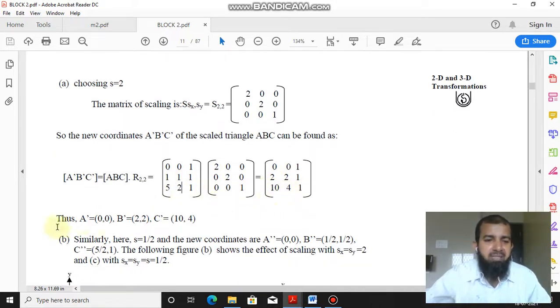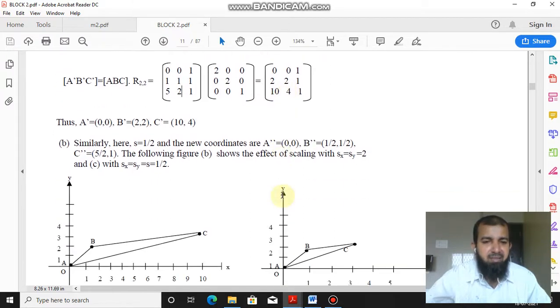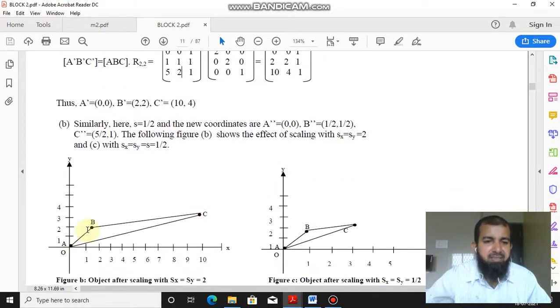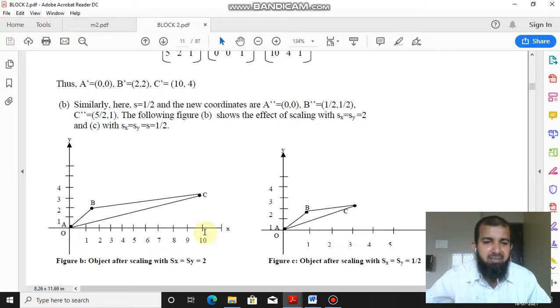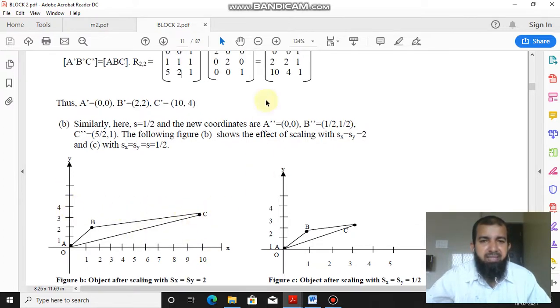Thus A' is equal to (0, 0), B' equal to (2, 2) and C' equal to (10, 4). See here, this is doubled. A is (0, 0), B becomes (2, 2), and C becomes X value 10 and Y value 4, (10, 4).